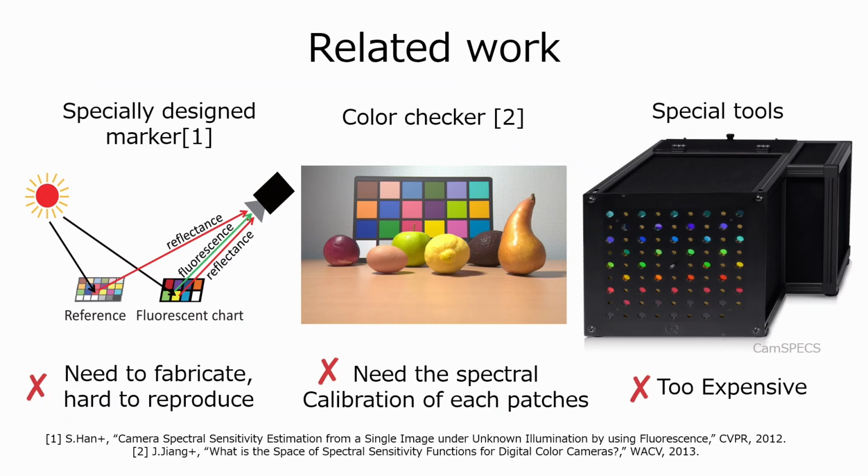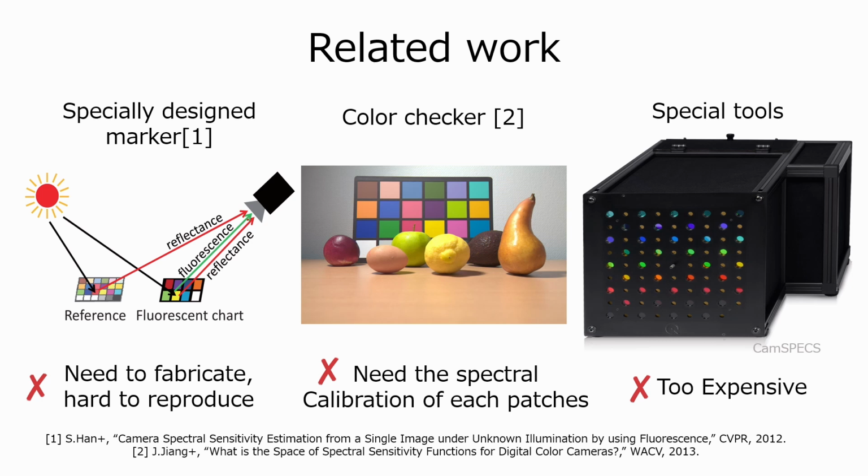Existing studies on spectral sensitivity estimation can be broadly categorized as follows. First, there are approaches that use specially designed markers such as fluorescent markers. While these markers are engineered to provide richer information, they have the drawback of requiring custom manufacturing, which makes them difficult to reproduce. Second, there are methods that use commercially available markers such as color checkers.